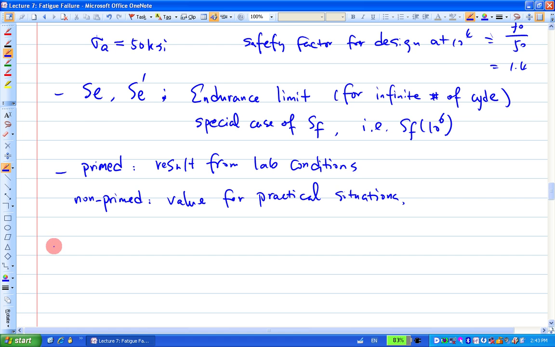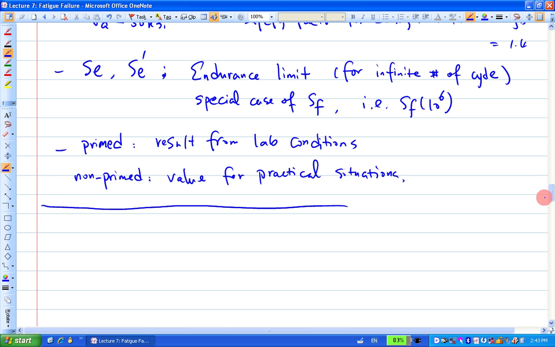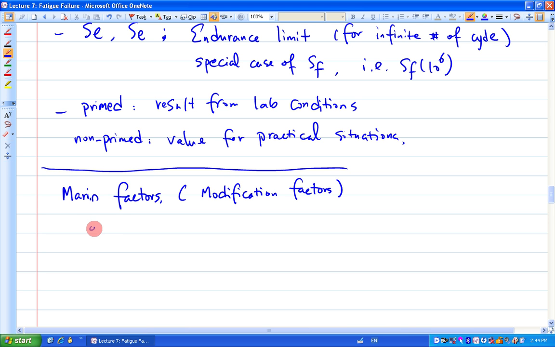So the next topic is the so-called Marin factors, or simply modification factors. The objective is to find SE or SF.